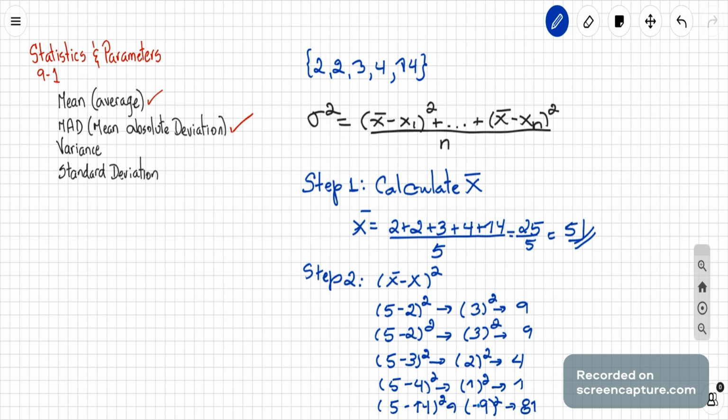Remember that it doesn't matter if the number is negative. When you square it, it's always going to give you a positive number. Actually, it happens not only with 2, but with all exponents that are even.